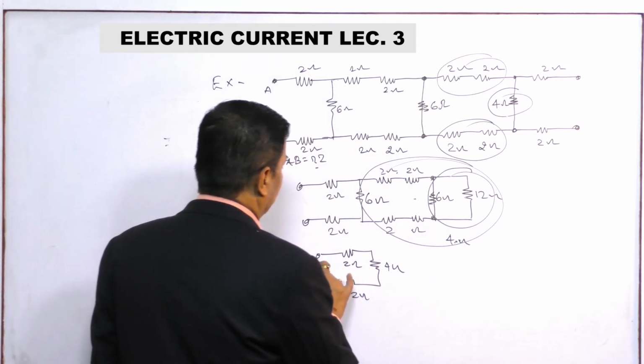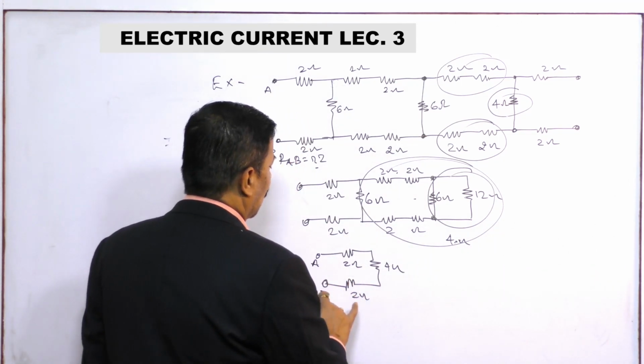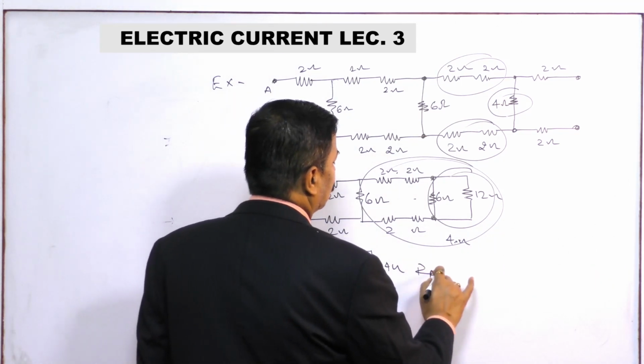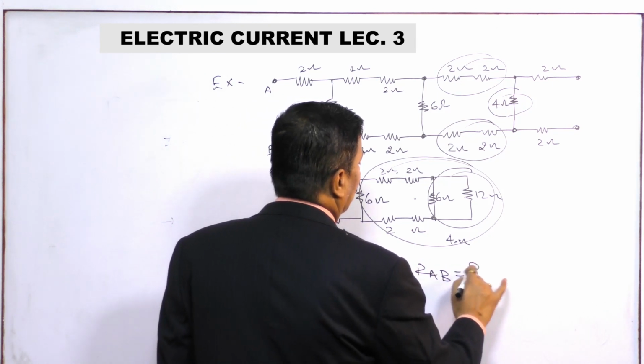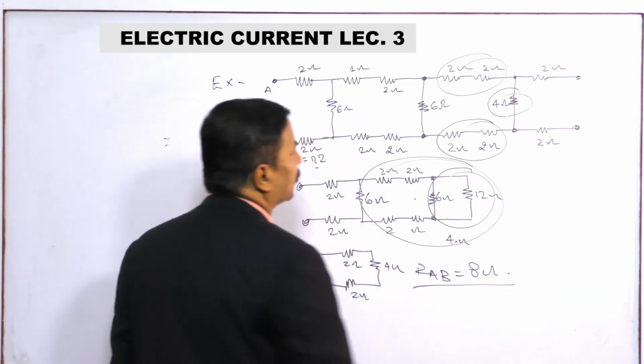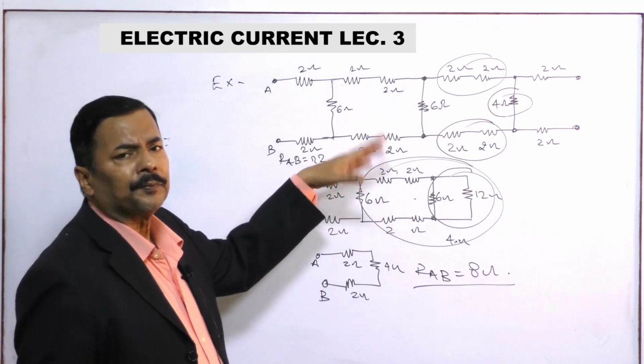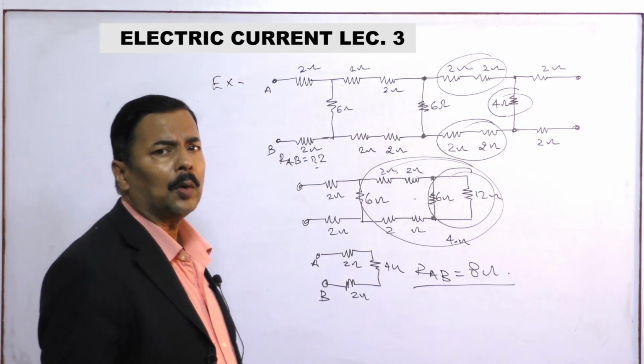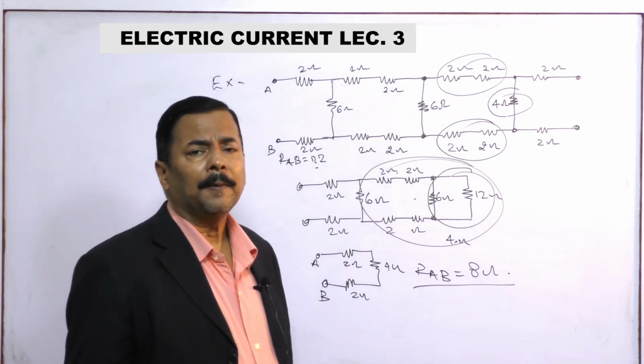So RAB is equal to how much? RAB is equal to 8 ohm. That's your answer. So this is also something you should know and understand in a proper way.